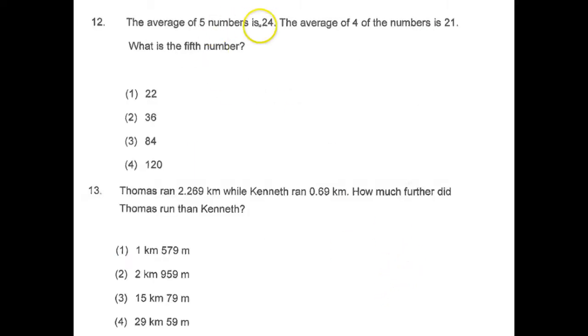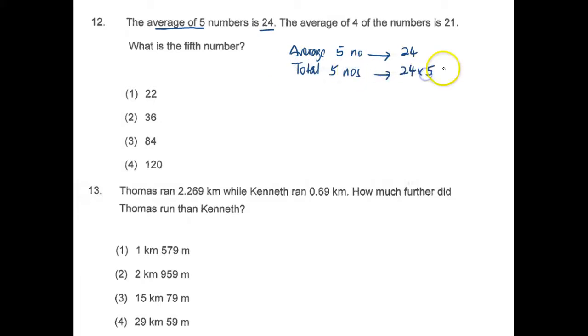The average of 5 numbers is 24. The average of 4 of the numbers is 21. Find the 5th number. So average of 5 numbers is 24. Next, I need to find the total of 5 numbers. So I take 24 times 5. Answer is 120. Then I find the average of 4 numbers is 21.